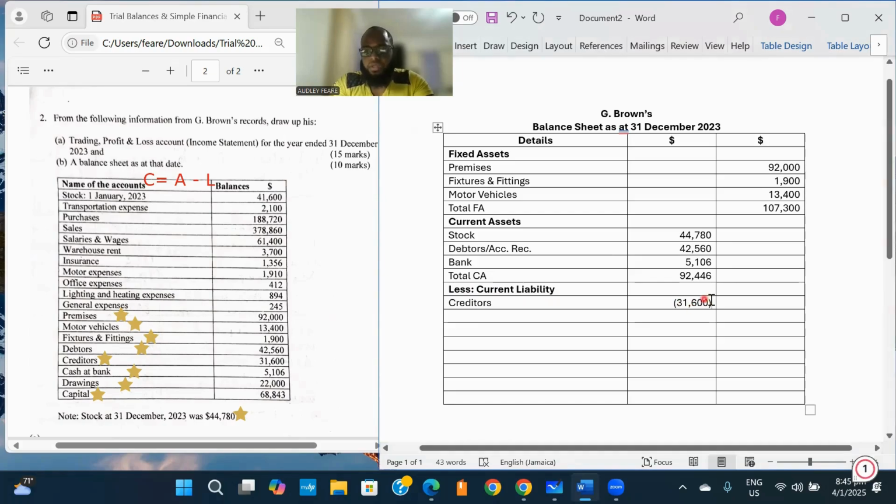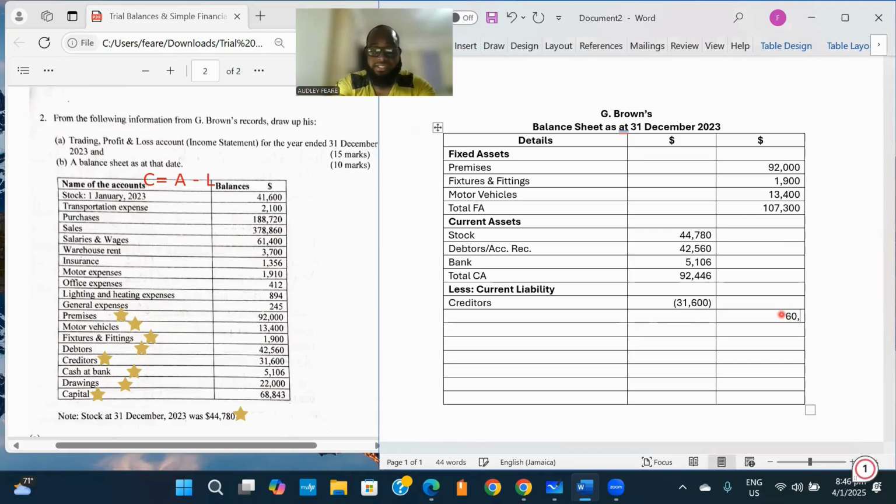All right. The answer we get for this, we put it in the next column, next row. So the answer we get, we put it here. Next column, next row, 60,846. That's what I got.